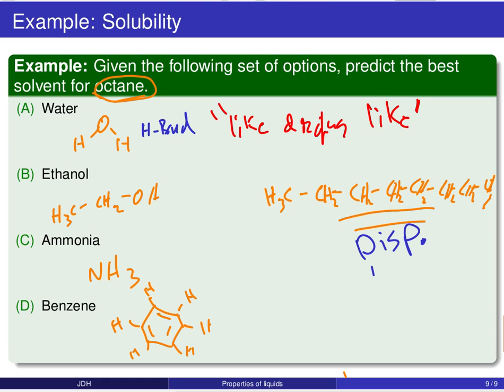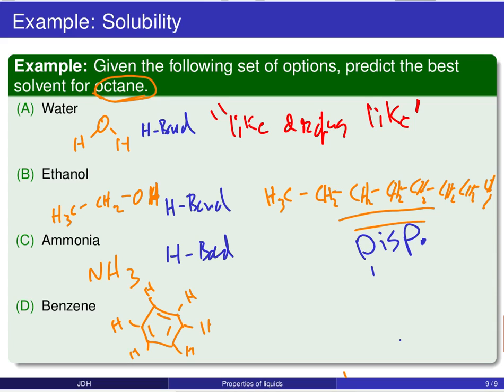Water, of course, hydrogen bonding will be the strongest interaction. Similarly, the OH alcohol group in ethanol, illustrated right here, is also going to give rise to the possibility of hydrogen bonding. You can also have hydrogen bonding in ammonia. So A through C all have the possibility of hydrogen bonding.